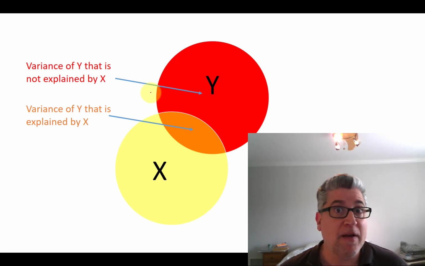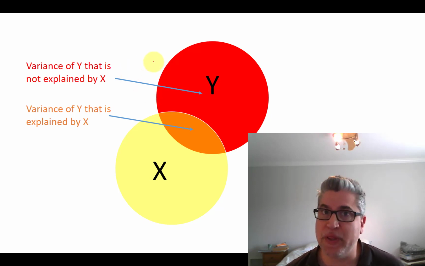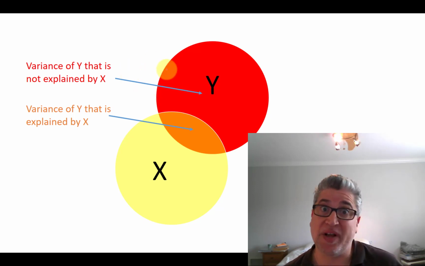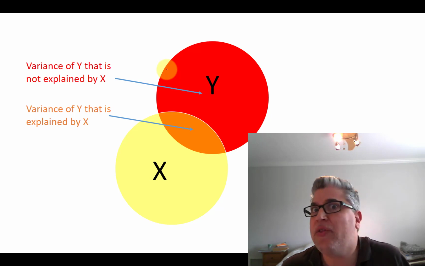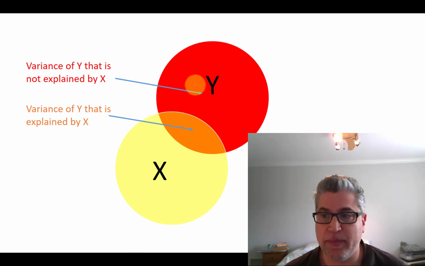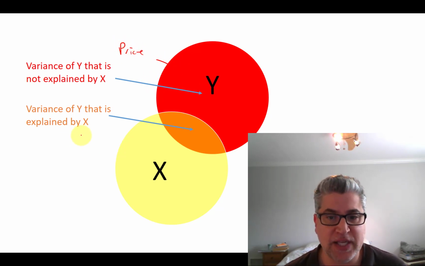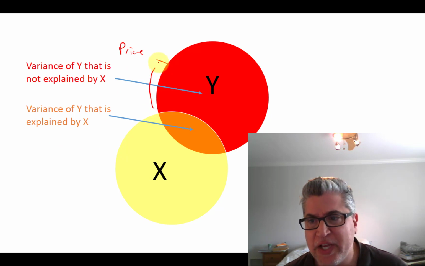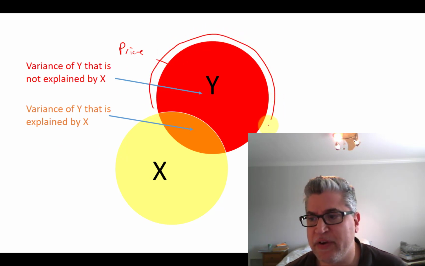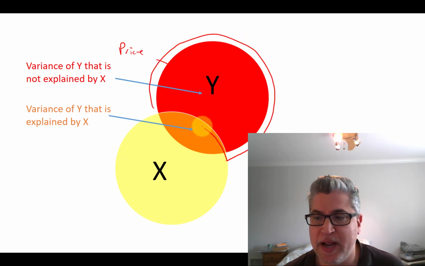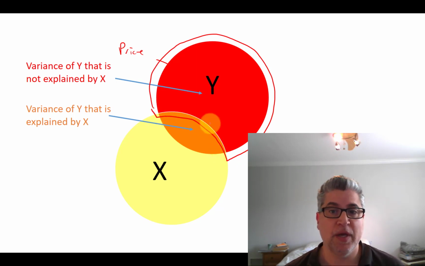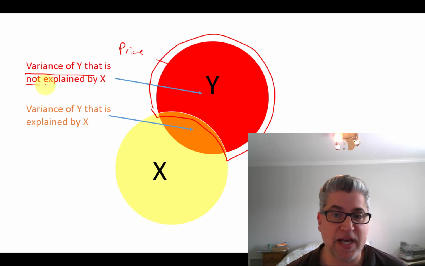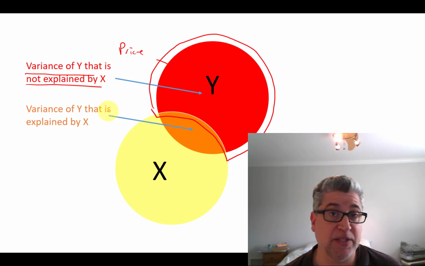Also, the number of full baths, the number of half baths, whether it has a swimming pool, whether it's run down, whether it's an antique and a historical house, or all these other things also determine the ultimate price of a house. It's not just x. So there's tons of variation in price that has absolutely nothing to do with square footage. So this would be the variance in y that is not explained by our x variable, by square footage.